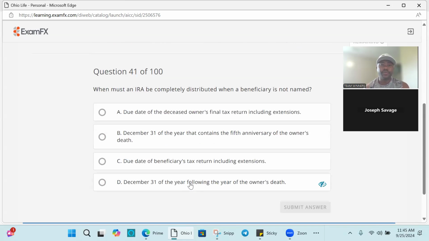When must an IRA be completely distributed when the beneficiary is not named? December 31st of the year of the owner's death; due date of the deceased owner's final tax return, including extension; December 31st of the year that contains the fifth anniversary of the owner's death; or due date of the beneficiary's tax return, including extension.